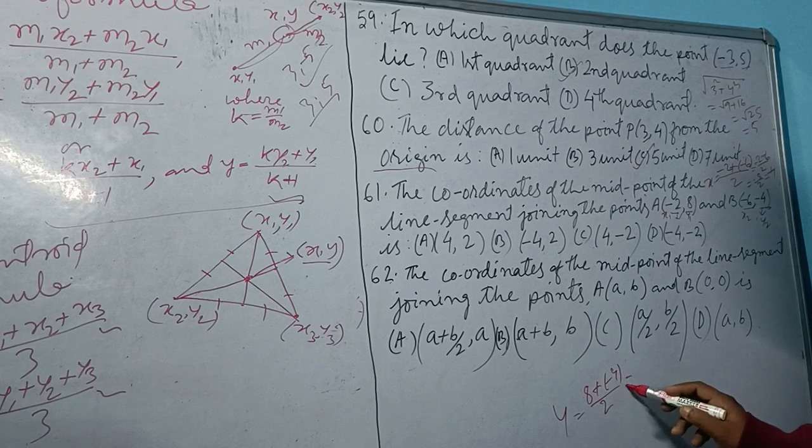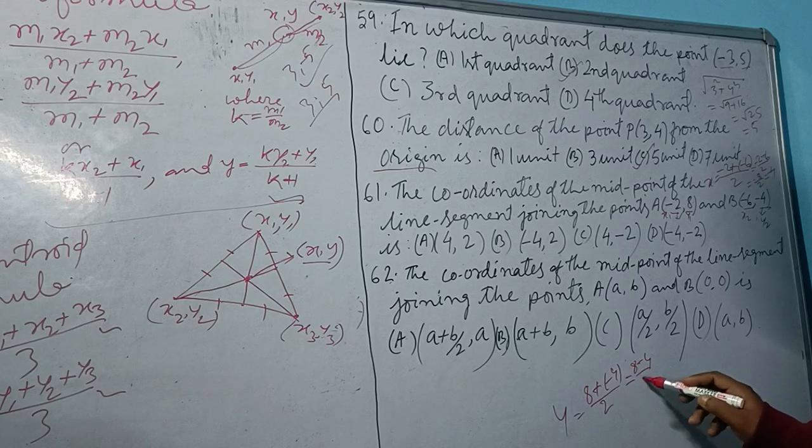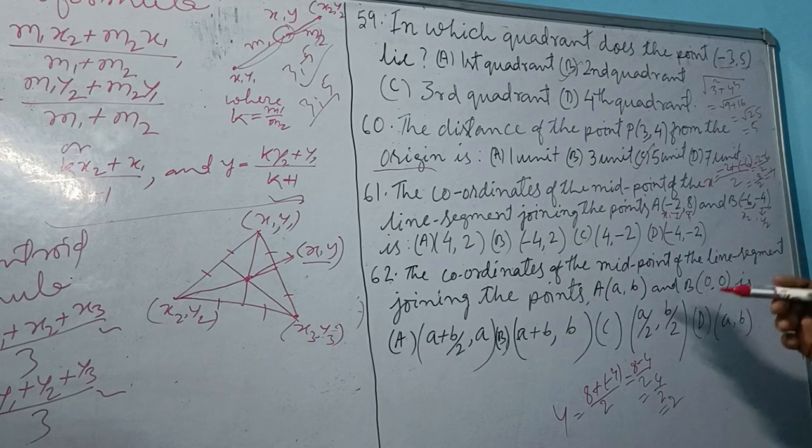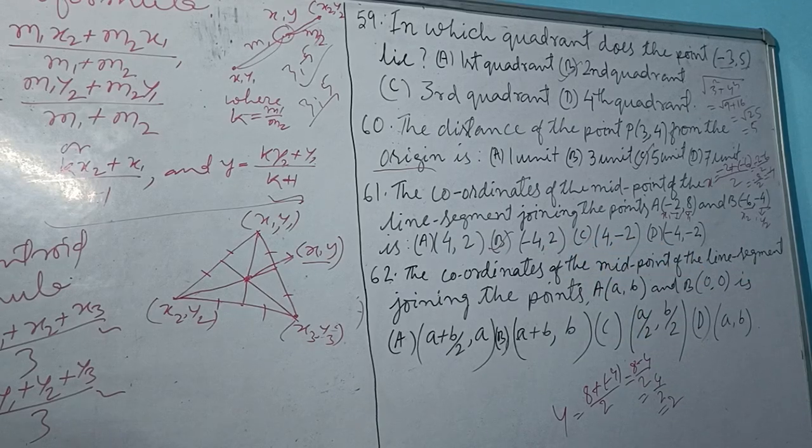Now you see here, 8 plus minus 4 divided by 2. So 8 minus 4 is 4, divided by 2. So we are getting 4 divided by 2, which is 2. Clear? So that means -4 and 2 you are getting as the coordinates of the midpoint. That means option number B. Clear? -4 and 2. Clear? So these three we have finished.